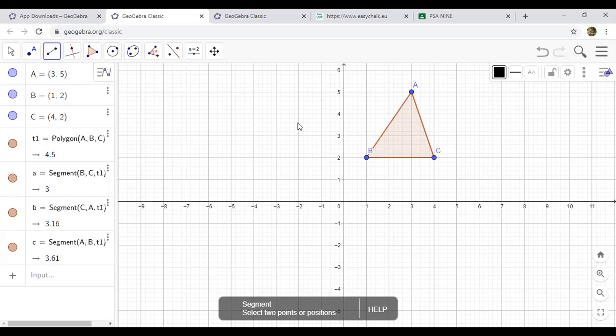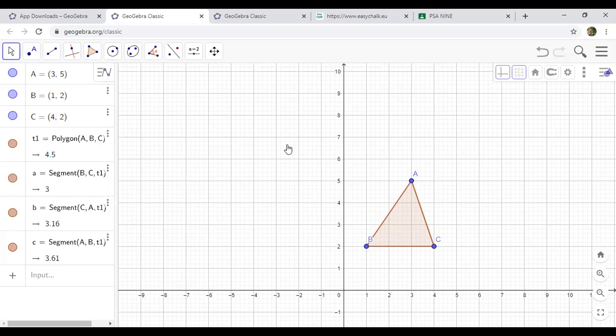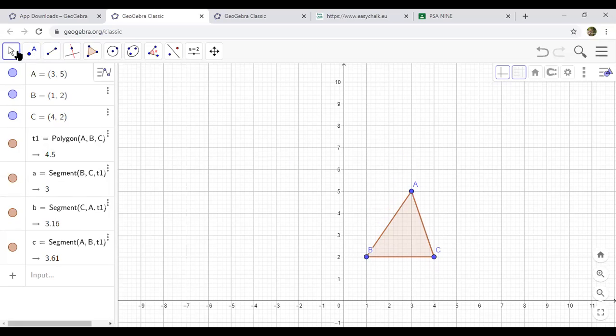Let me take it here. What is the translation vector? It is (4, 5). So we have to go 4 units right and 5 units up. Okay, my dear students, let me drag this file a little bit down.